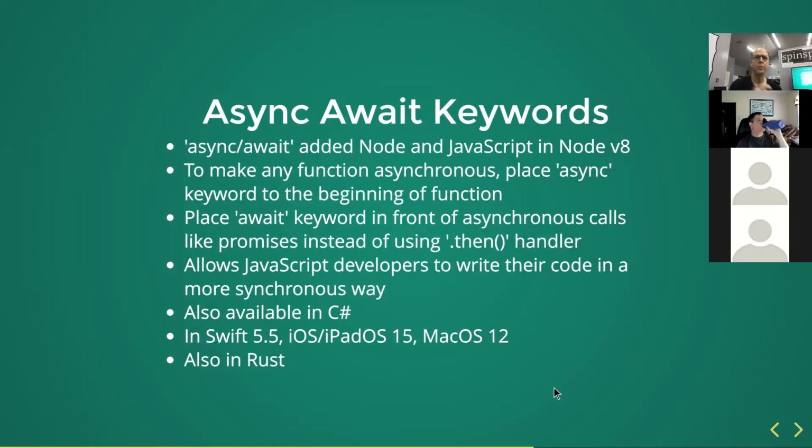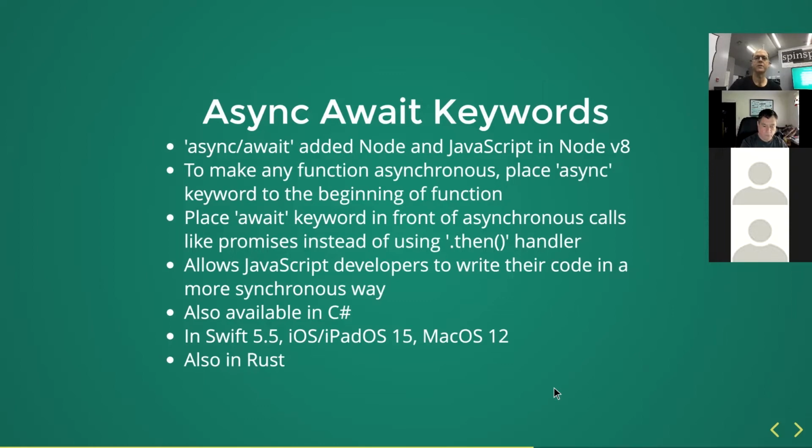Then anyplace where you'd normally use a callback, or say a promise, you just put await in front of the method that returns a promise. Your code will wait for that promise to execute before it continues executing.